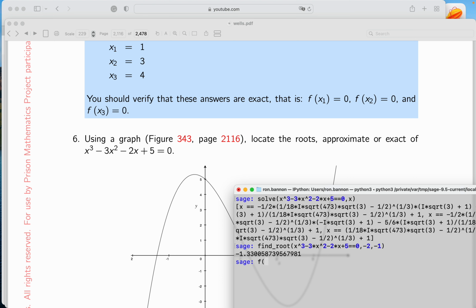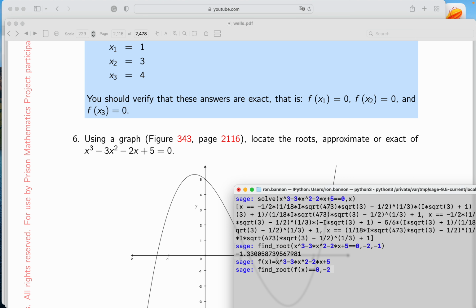All right? So you know what I'm going to do? I'm going to do f of x now. And f of x is equal to, let me do a copy paste, this over here. And I'm going to do something a little different now. I'm going to do find root. I'm going to say f of x equals 0 and between minus 2 and minus 1.